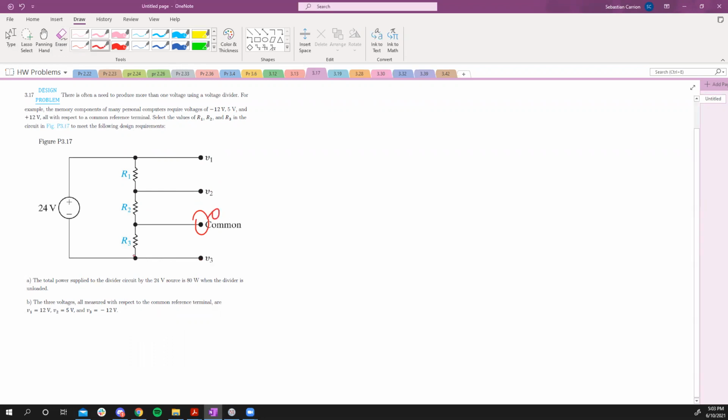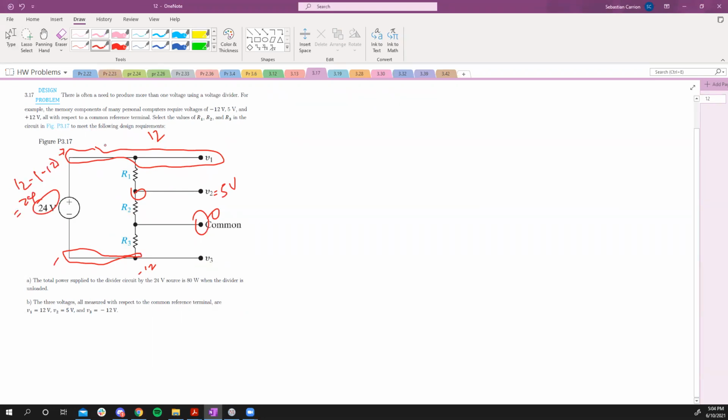I'm going to call this bottom node negative 12, this one 5 volts, and this node right here 12 volts.